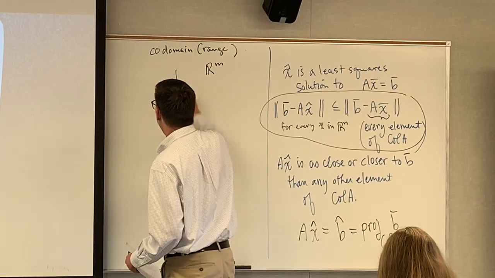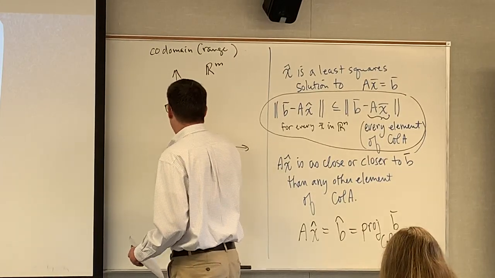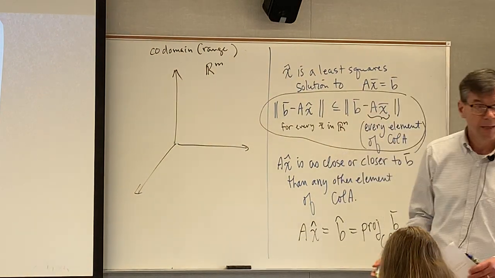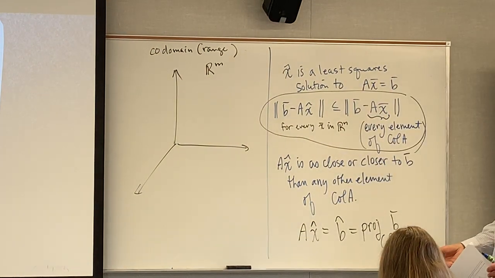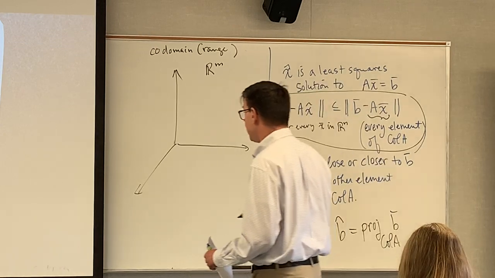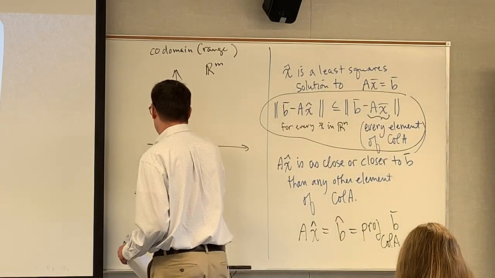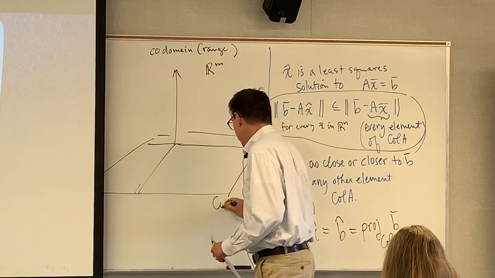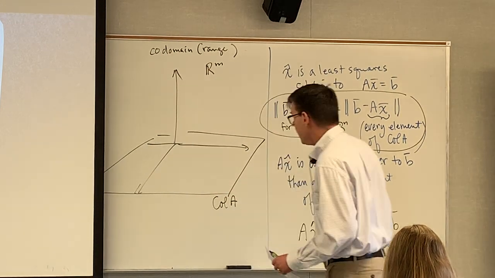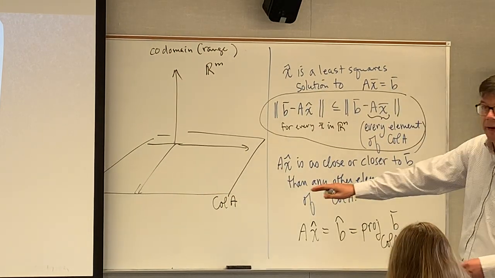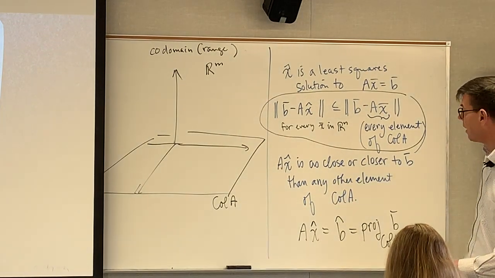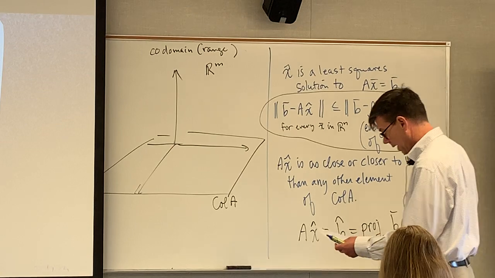This is a picture in the range. I'm going to oversimplify things because I can't draw m dimensions. And I want to draw some perpendicularities, so I'm going to cheat a little bit and make my picture very simple. I'm going to pretend that the column space is just that horizontal plane through the origin, like the xy plane. It's probably not, it's some subspace, but let's just pretend.